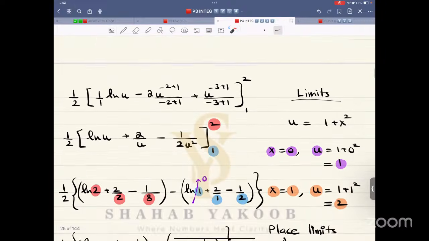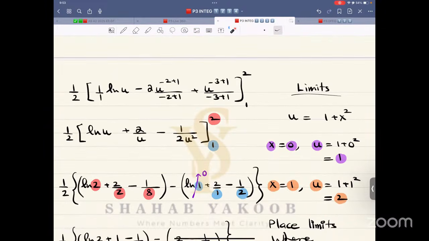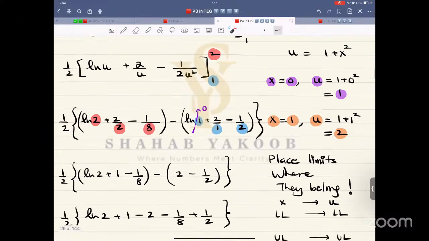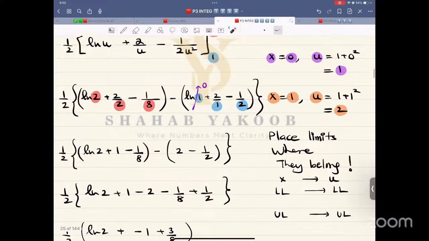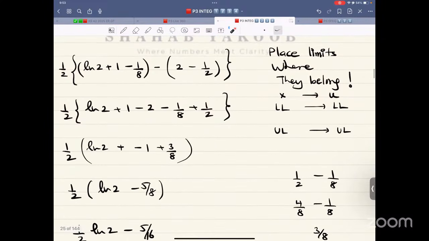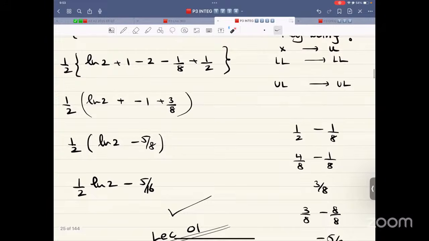Then first simplify: negative 2 plus 1 is negative 1, negative 3 plus 1 is negative 2. This is power of negative 2, take it down. Once it's simplified, plug in the limits. The upper limit goes in place of u, and then the lower limit goes in place of u. Then you just work with fractions and ln, and you get this answer.